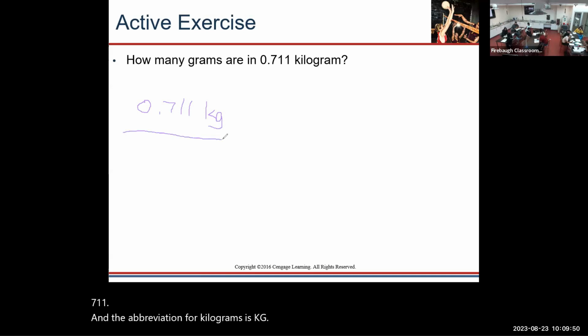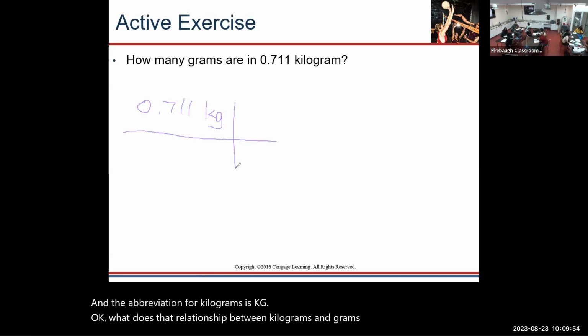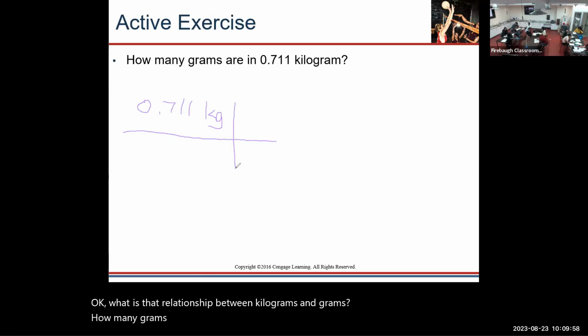Okay, what is that relationship between kilograms and grams? How many grams will equal 1 kilogram? 1,000. Who's going on bottom? The kilograms. Then we're going to put 1,000 grams on top.